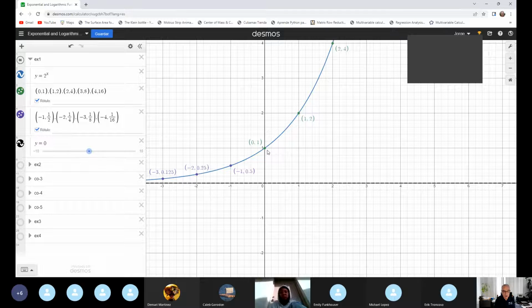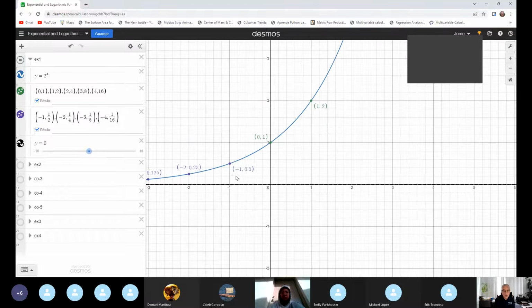Any exponential graph, regardless of the base, 2, 3, 4, 5, passes through the point 0,1. Then 1,2 because the base is 2; if the base is 3, it is 1,3. And the other is -1 and the reciprocal of 2, which is 1/2.